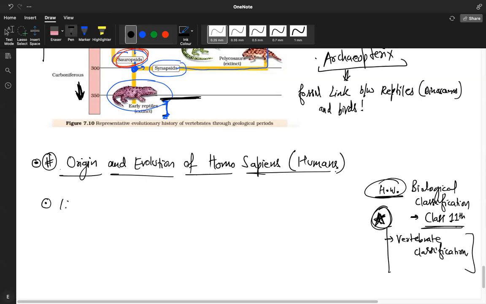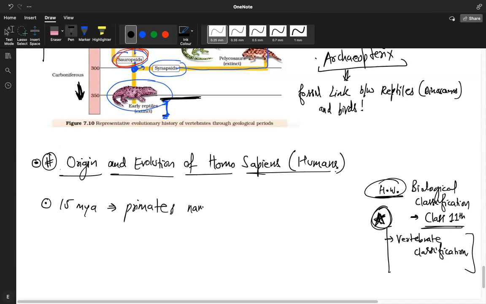So around 15 MYA, there were primate species that were very small. They looked like monkeys, but they were not monkeys, because monkeys are also very evolved now. They live in the present. That's where the misconception that humans come from monkeys comes from.